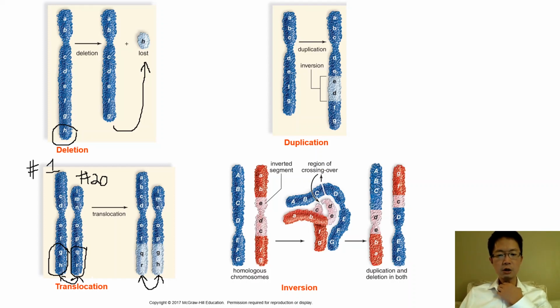Okay, inversion. What is inversion? Inversion occurs in the homologous pair. You can see that these two are the homologous pair, but the genes here are inverted, because at this locus you are supposed to have a C gene, but this chromosome has the E gene, and at this locus you should have the E gene, but now you have the C gene.